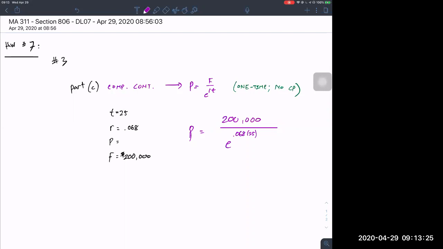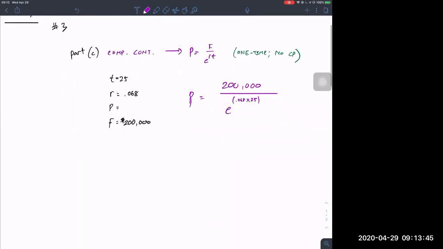So it might help, even though I wrote it like that, because I know you all visually understand that. We talked about this a while ago, maybe you want to rewrite it like this instead, where you go 0.068 times 25, so that you really know that it's contained inside. And then for syntax, just in case people were thrown off for a moment, it should look like this.